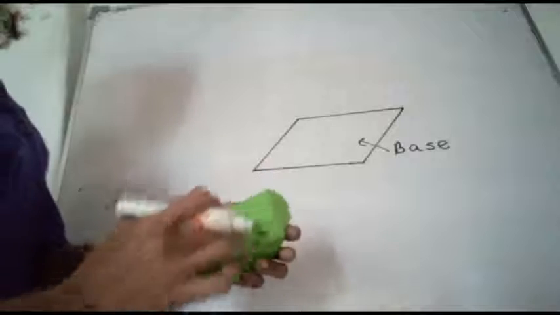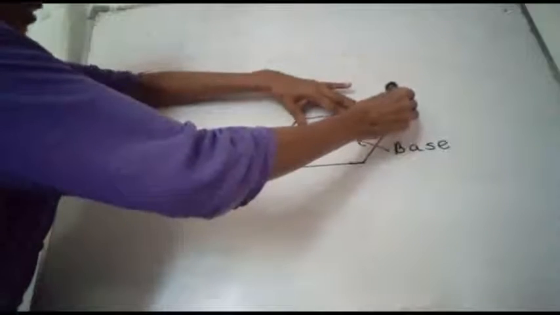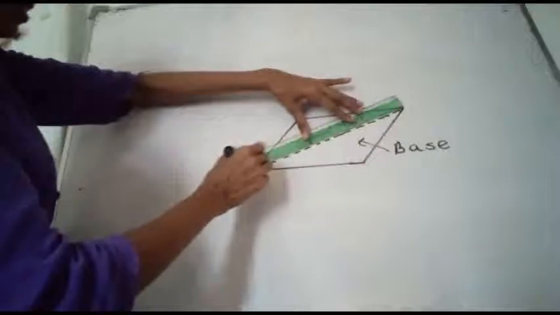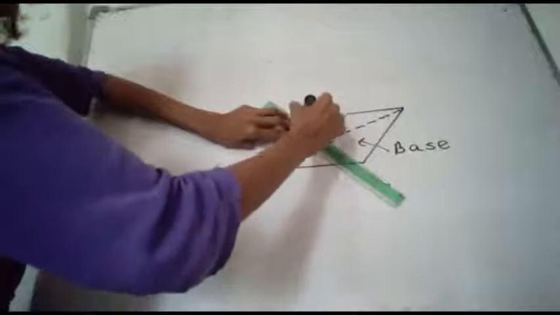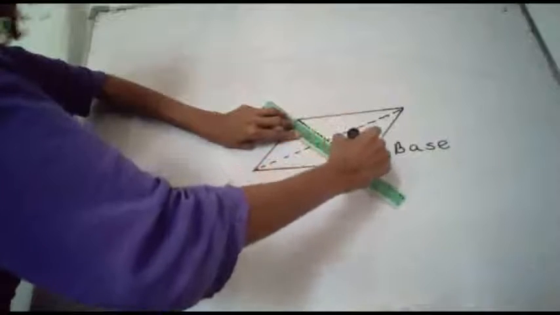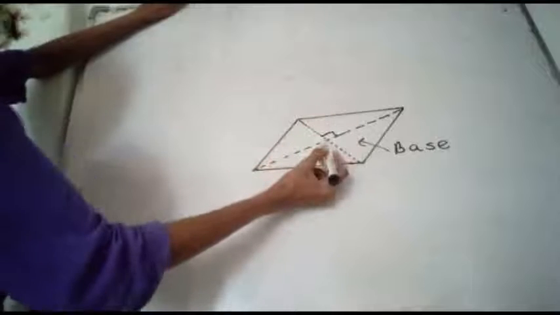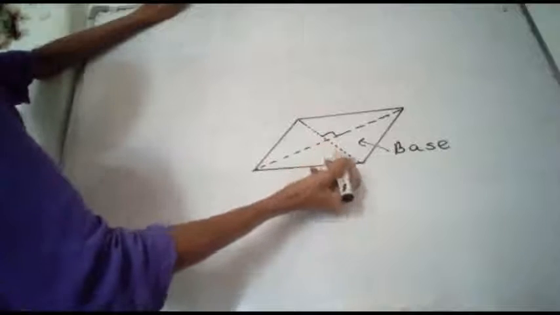When we draw the diagonals, they intersect. They bisect perpendicularly. This is the center of the base.